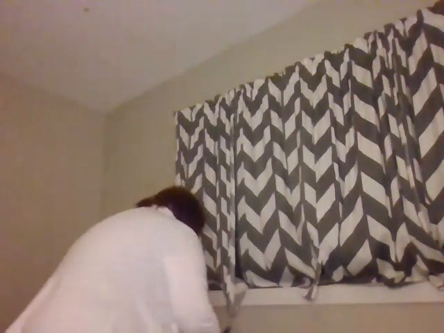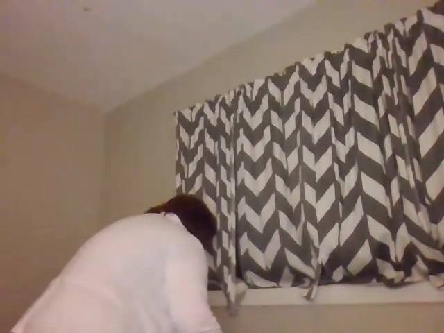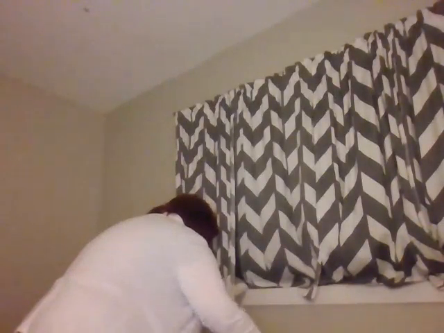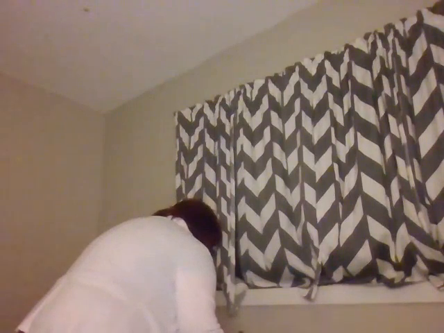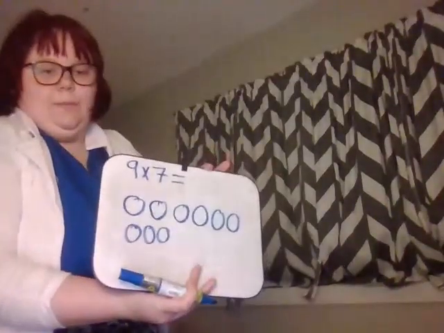But there's another way we can do this. We can model it with shapes. So we're going to draw 9 circles. Now, in each one of these circles, we're going to put 7 tally marks.